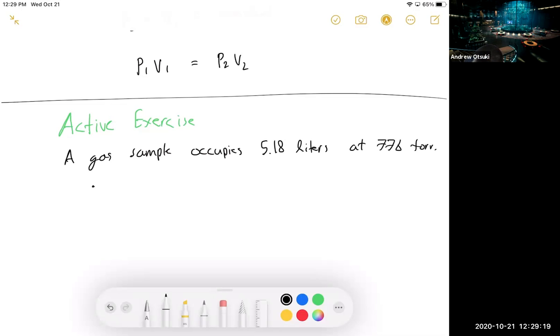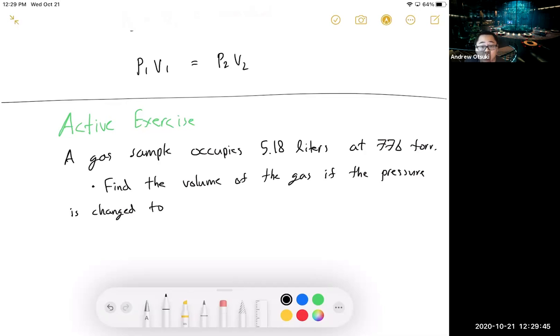I want you to find the volume of the gas if the pressure is changed to 827 torr.